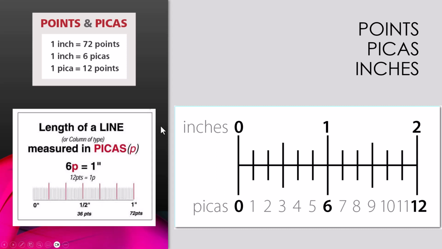So points, picas, and inches. So we have 1 inch. 1 inch is equal to 6 picas. So 6 picas to 1 inch. Okay, so we're using picas because we can get down to having a lot of divisions within a pica.